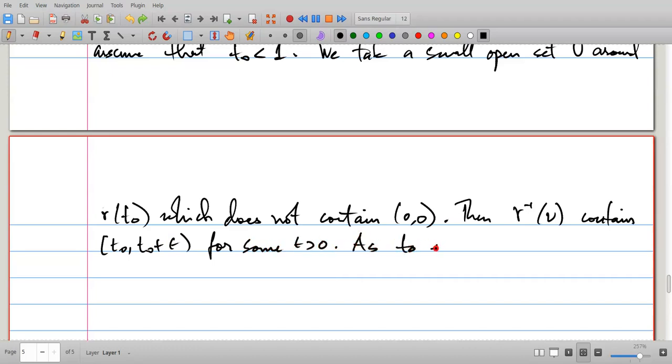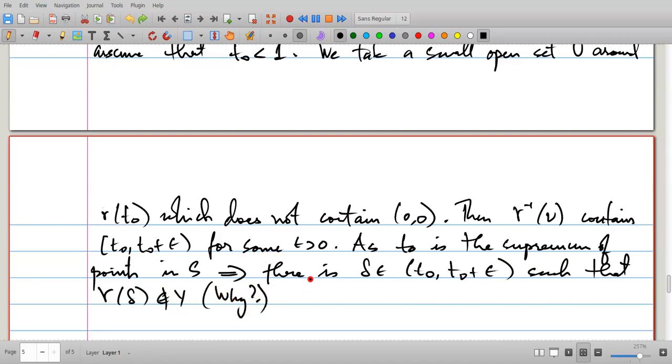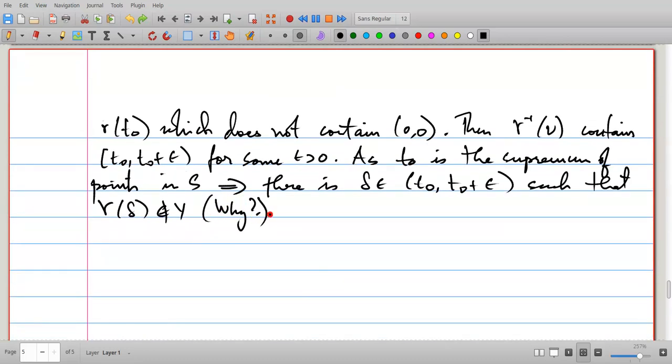So as T naught is the supremum of points in S, this implies there is delta, which is in this open interval up to T naught plus epsilon, such that gamma of delta does not belong to Y. So once again, this just follows from the definition of S and supremum. So check this.